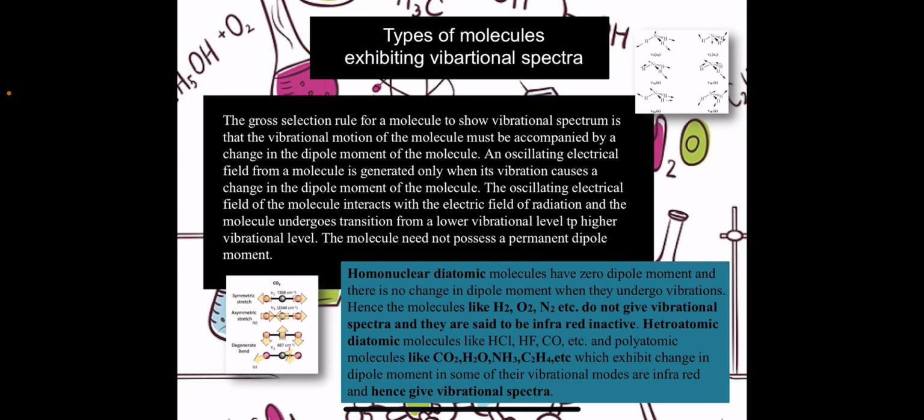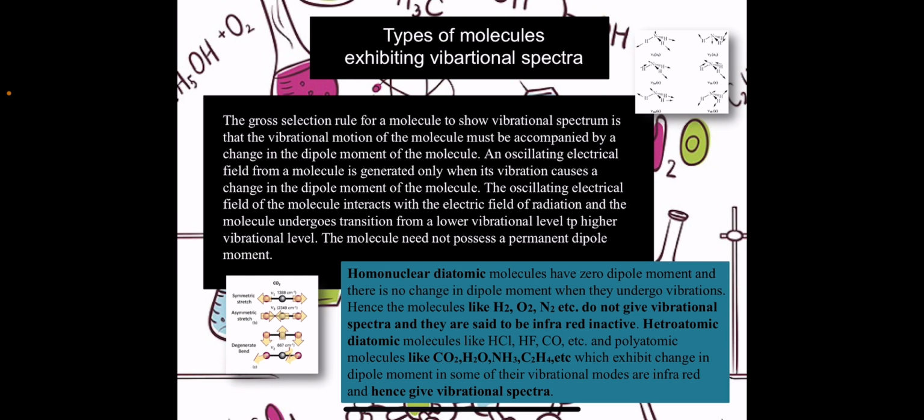An oscillating electric field from a molecule is generated only when its vibration causes a change in dipole moment of the molecule. The oscillating electric field of the molecule interacts with the electric field of radiation and the molecule undergoes transition from a lower vibrational level to a higher vibrational level.